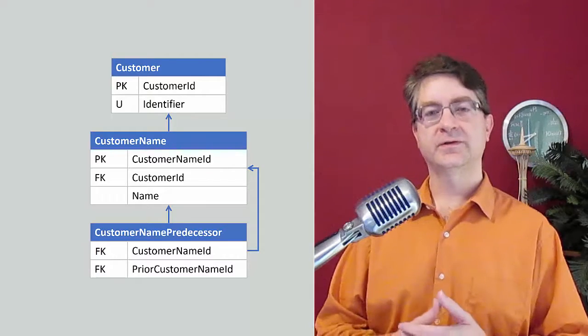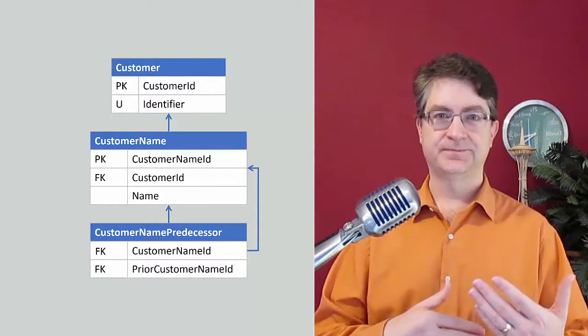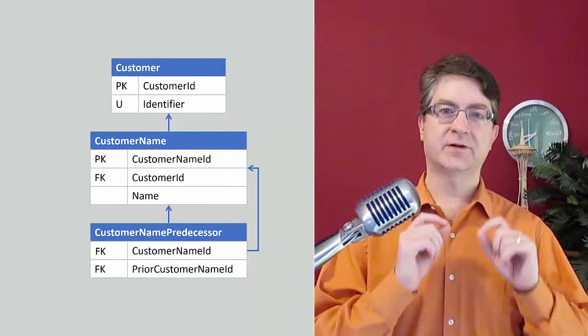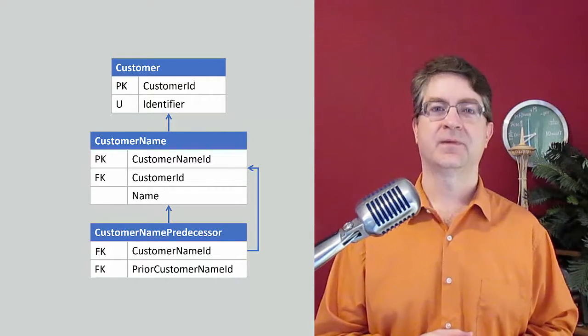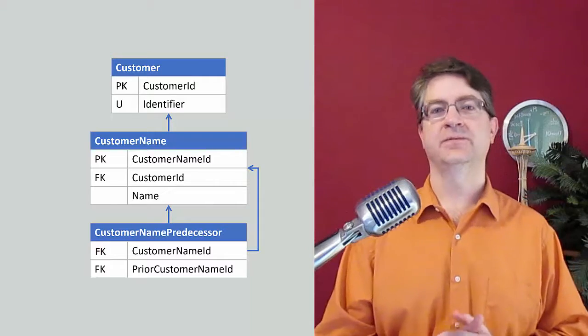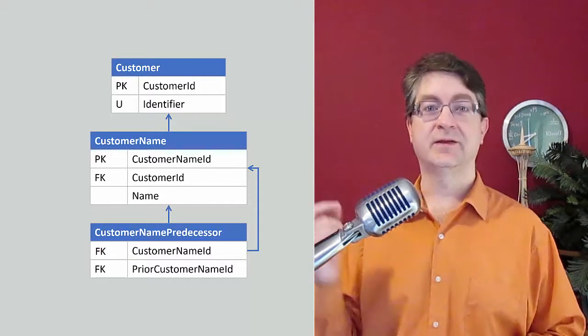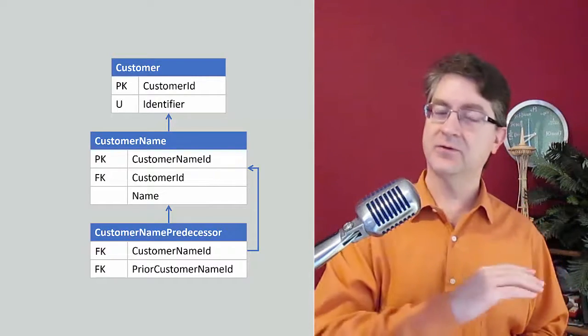So we'll call this customer name predecessor. And this is the collection of predecessors for a particular customer name record. And so now within this collection, I've got my customer name ID, and then I've got the previous customer name ID as a foreign key to a different record.